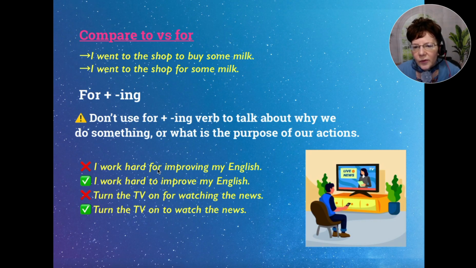It shouldn't be for, it should be the infinitive form. I work hard to improve my English. And then there's this one, turn the TV on for watching the news. It should be actually turn the TV on to watch the news. That's the imperative form, but using to watch is the correct way, rather than for watching.